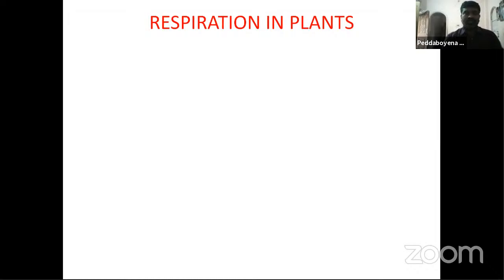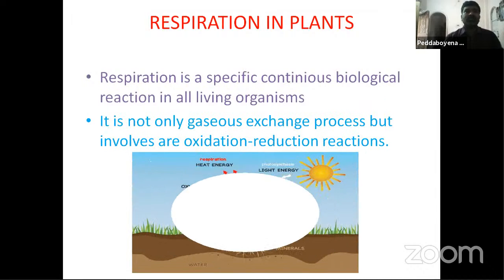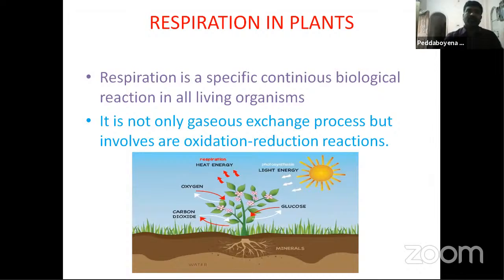So let us take a diagram also here. So let us understand here. This is the plant. Plants absorb minerals from the root hairs, and in the presence of sunlight, they absorb energy from the sun and are involved in photosynthesis, and they prepare the food material.